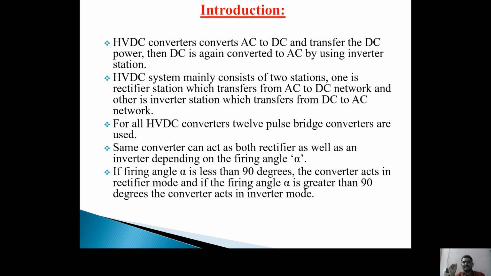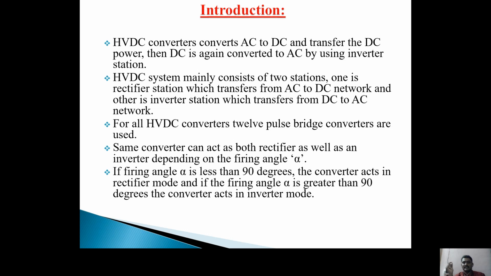Then DC is again converted to AC by the inverter station. You know this point well from the first chapter.